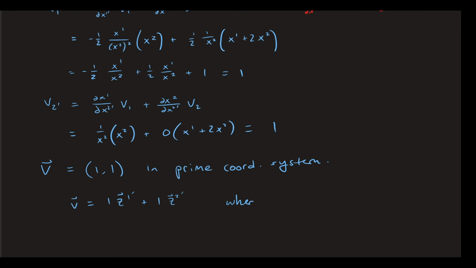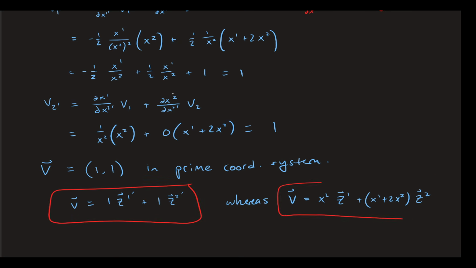Whereas you could also represent it in the unprime contravariant basis as x2 times z1 up plus x1 plus 2x2 times z2 up. So you have two different representations with respect to contravariant basis in two different coordinate systems.